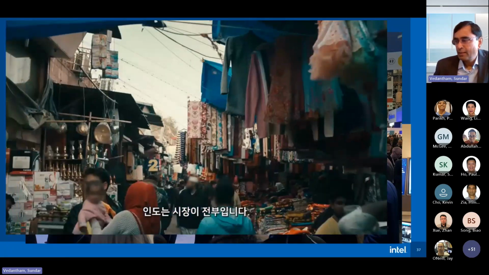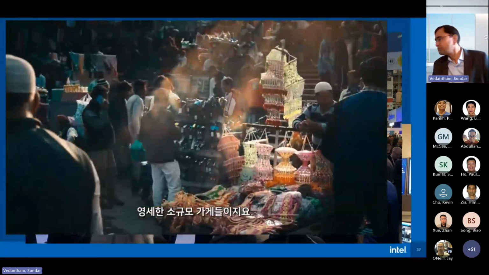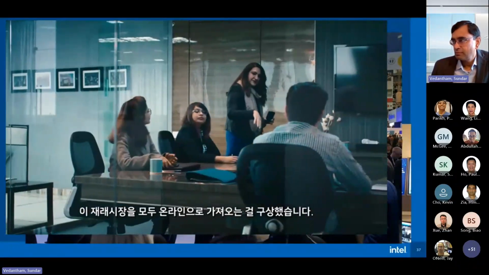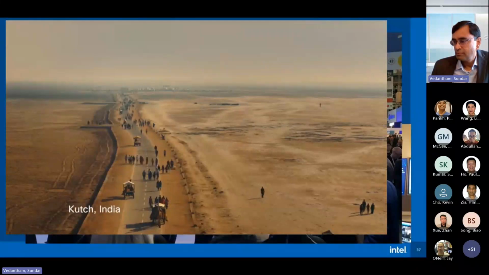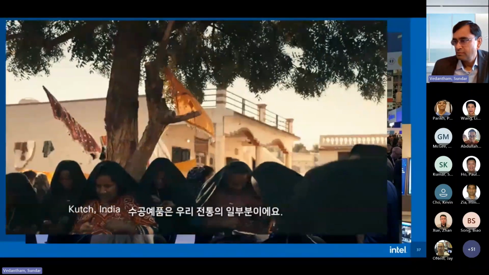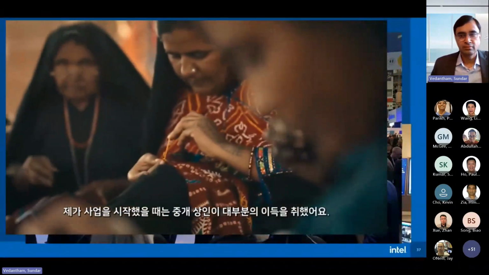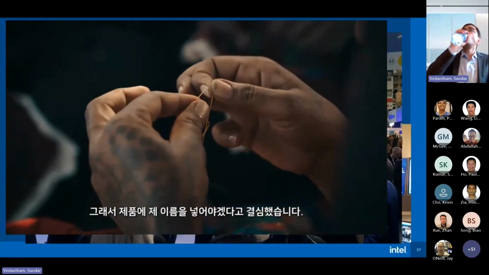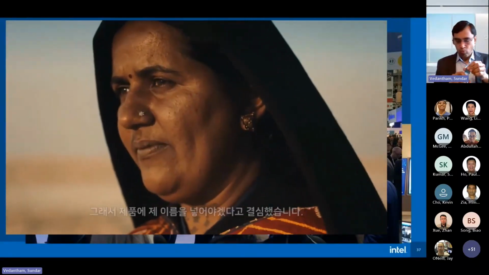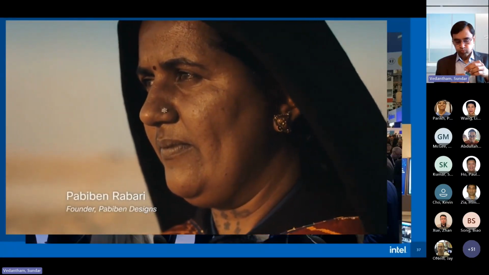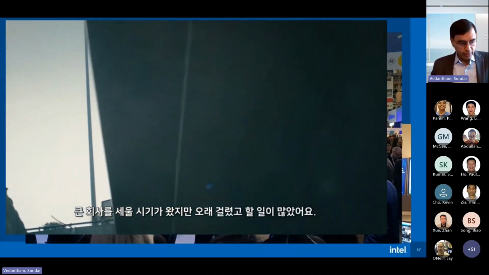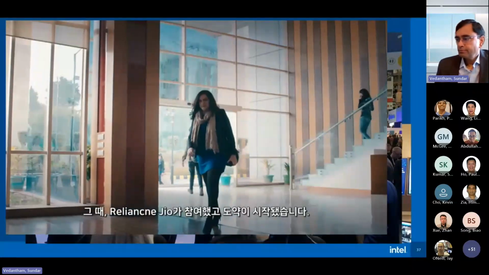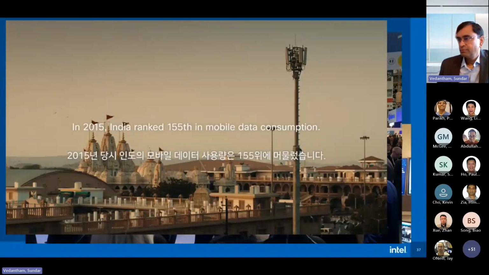India is all about bazaars. These small mom and pop stores, we thought about starting Shop Clues to bring all of these bazaars online. Handicrafts are a part of my tradition. When I started my business, the middleman would take all the credit. That's when I decided to put my name on the products. The time had come to build a large company, but it took way longer. And then Jio came in, and then it just took off.